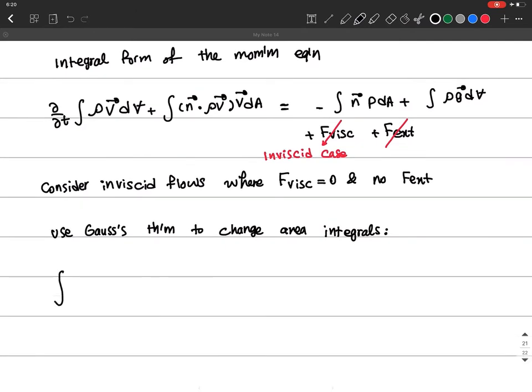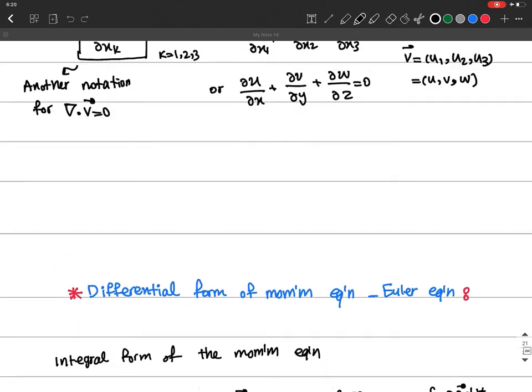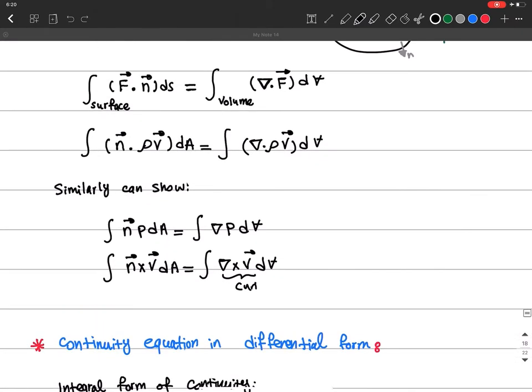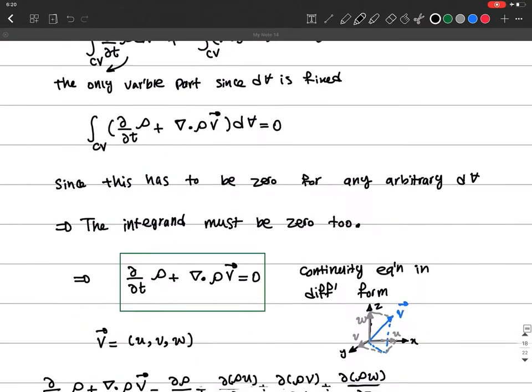The first term is the integral over the control volume of partial over partial t of rho v. For the second term, I'm going to use Gauss's theorem. If you just apply it for the mass, you get this. But now we have momentum, so it's going to be a little different, and we'll have an additional term.